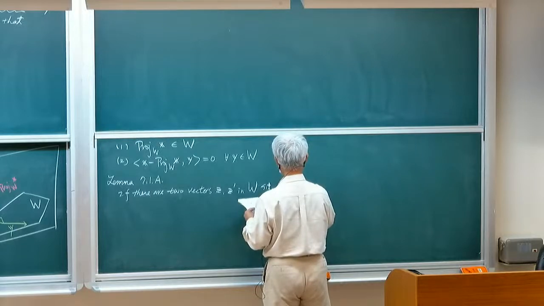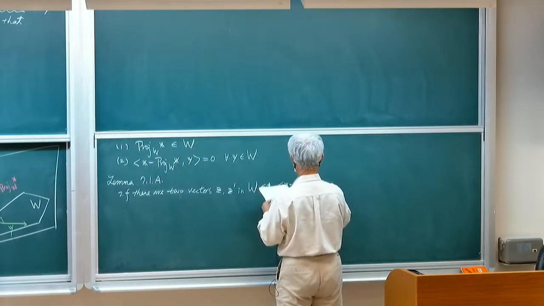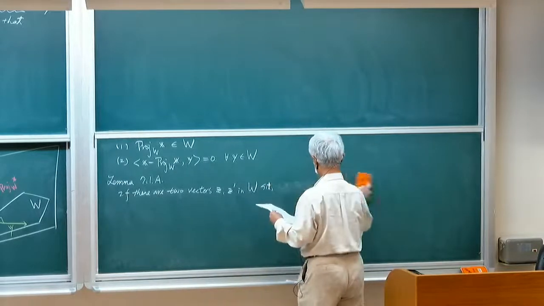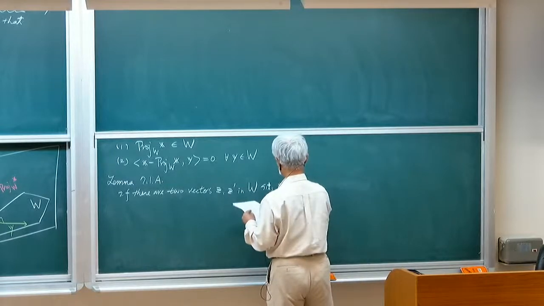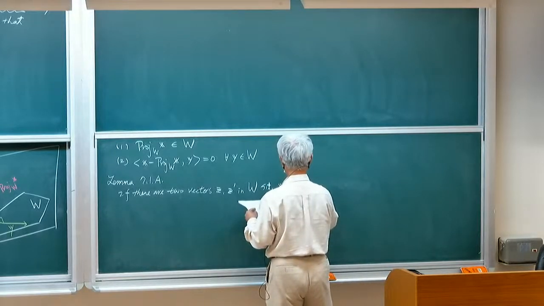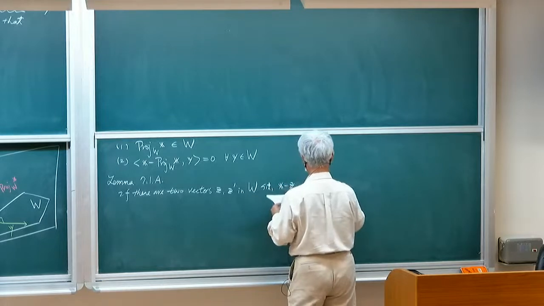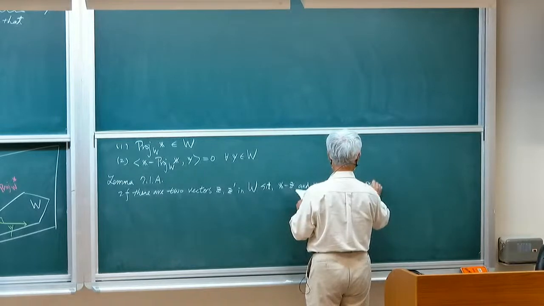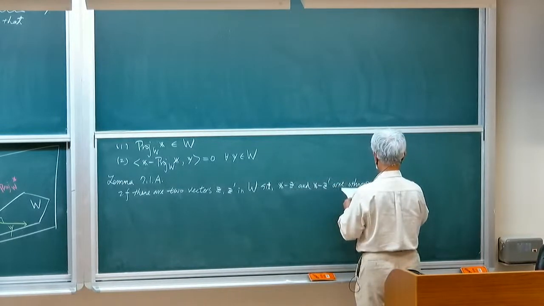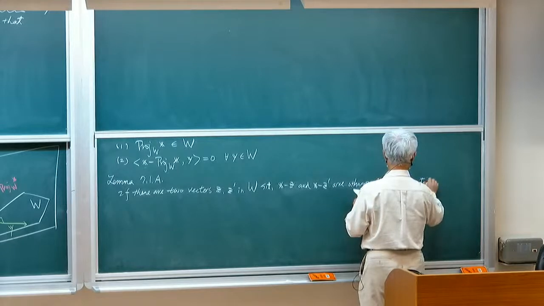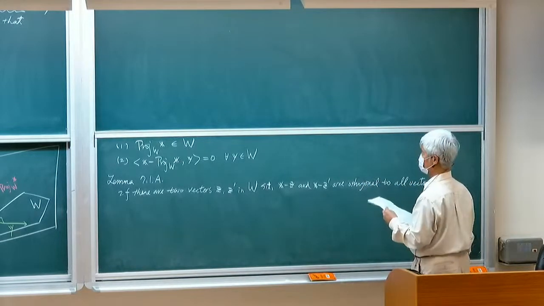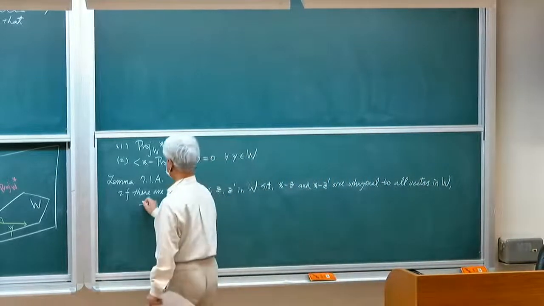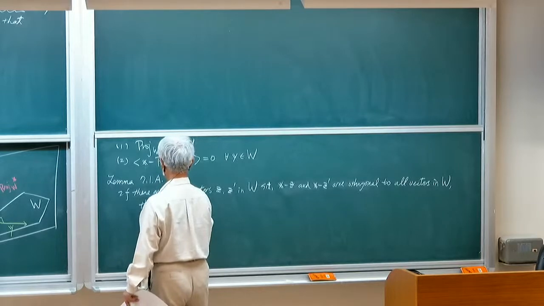X minus Z and X minus Z prime are orthogonal to all vectors in W, then Z must be equal to Z prime.